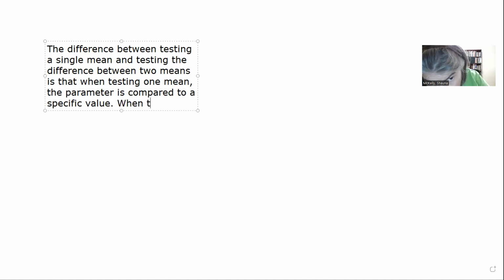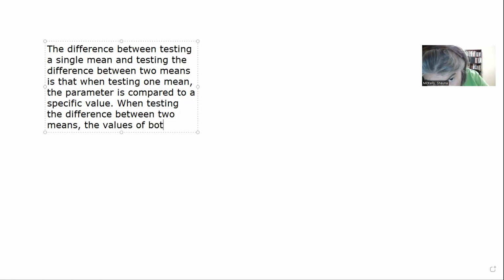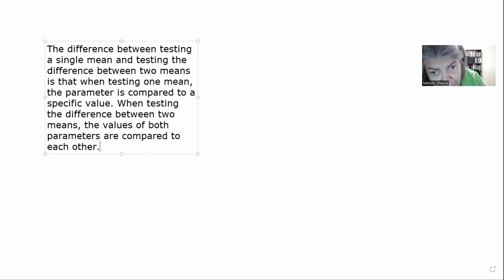When testing the difference between two means, the values of both parameters are compared to each other. Something like that. And we're going to see more about what that means.